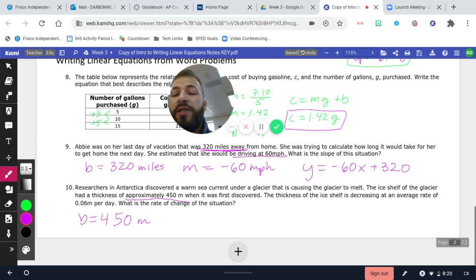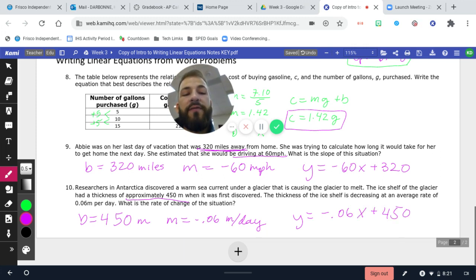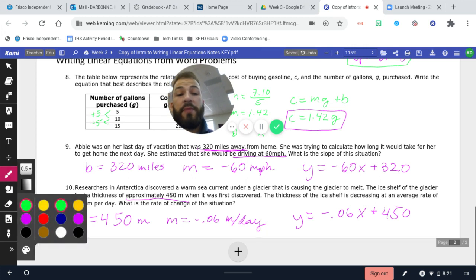So that's definitely our slope. And it's decreasing, so it makes most sense to make it negative 0.06 meters per day. Now we just need to plug both of these into our equation. So y is equal to negative 0.06x plus 450.